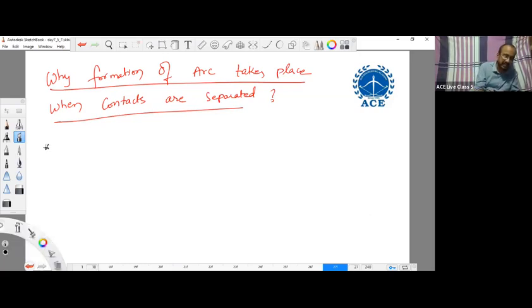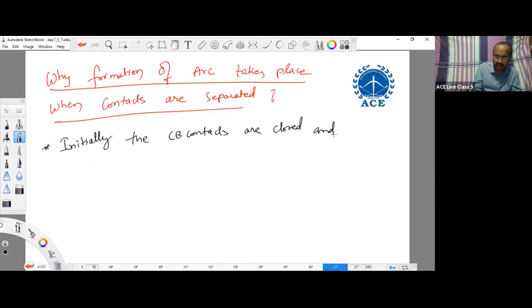Initially, when there is no fault, the circuit breaker contacts are closed, and there will be load current through the contacts.